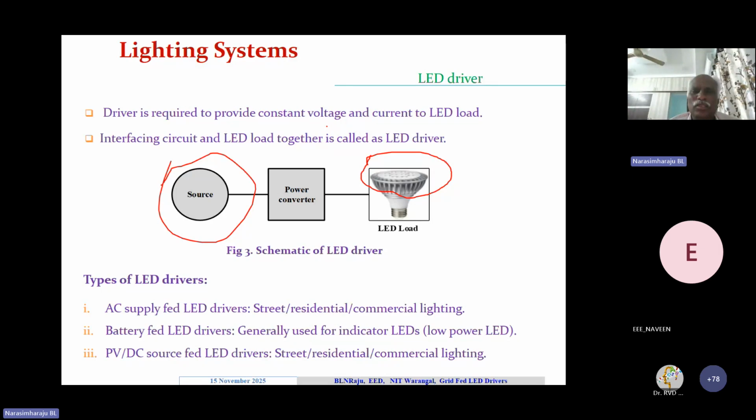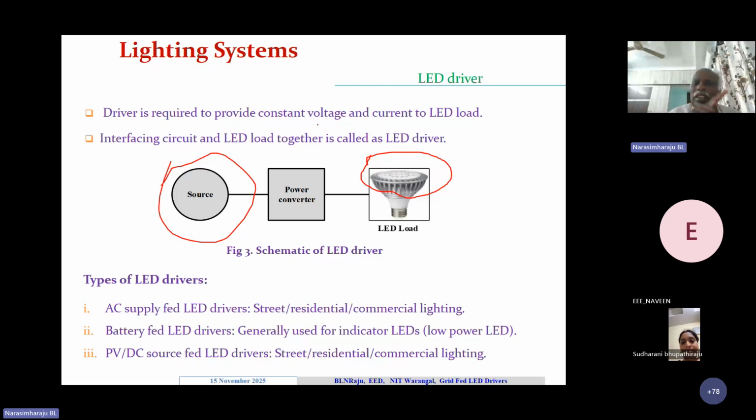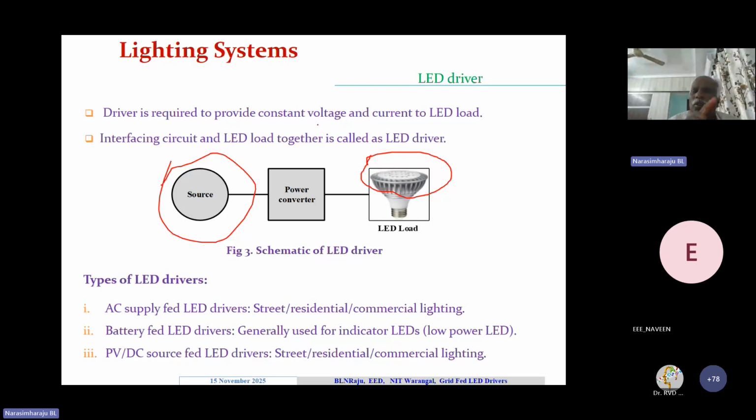That is why we mostly see LED lamps blinking continuously. It is because there is a problem with the current and voltage signal going into the lamp, which is not purely DC. So the ripple voltage and current going into it lead to the flickering effect.